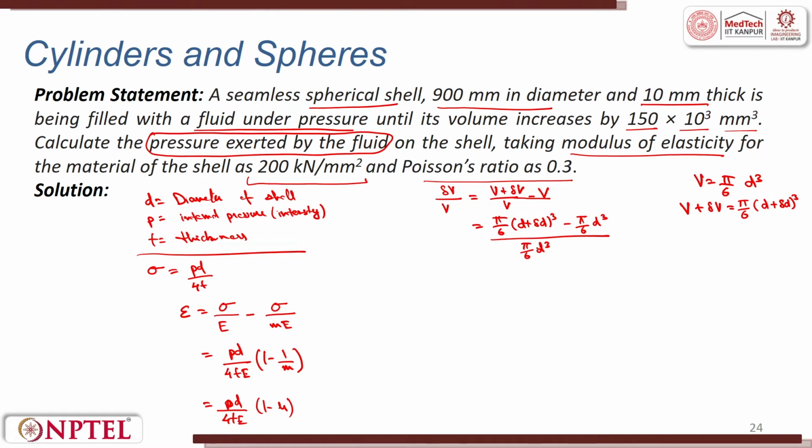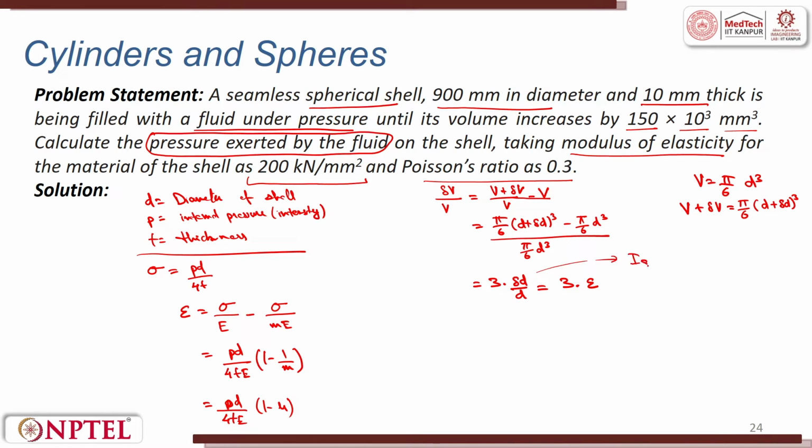This gives us a relation such as this is equal to 3 into delta d by d, that is 3 times the change in the diameter, that is strain, this is equal to 3 times epsilon. Now, how is this coming?